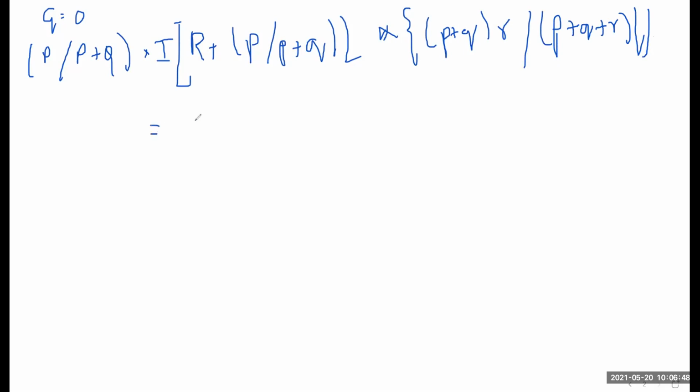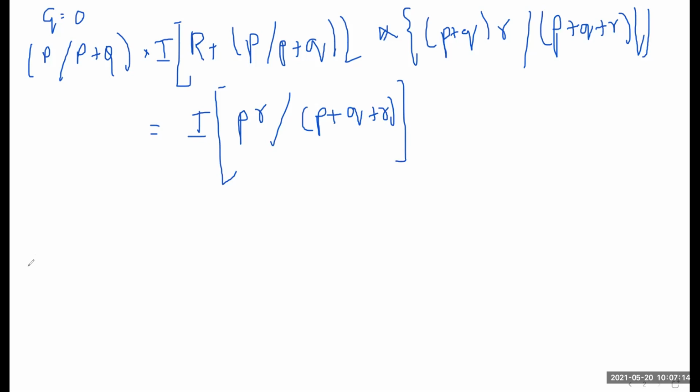This will be equal to I PR divided by P plus Q plus R. So this is the total equation we can get if the galvanometer is 0.